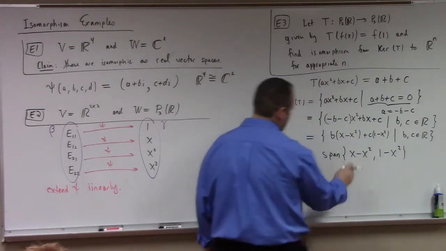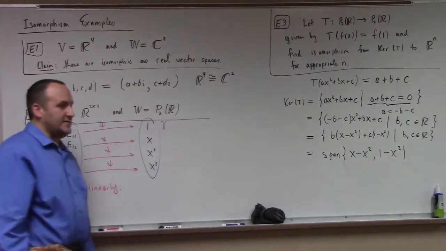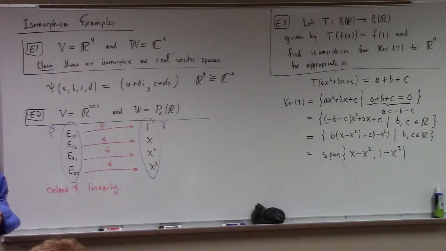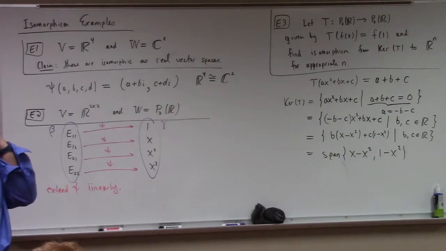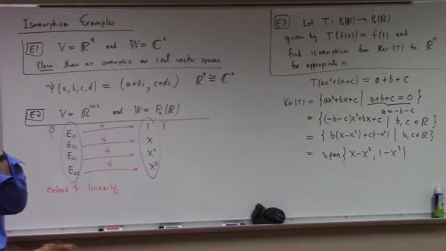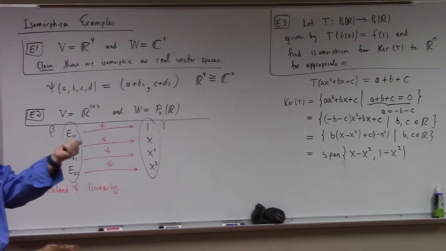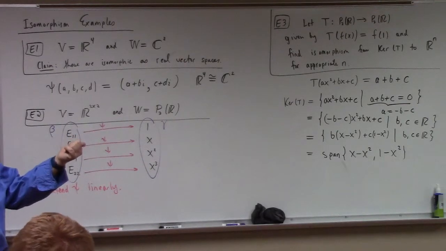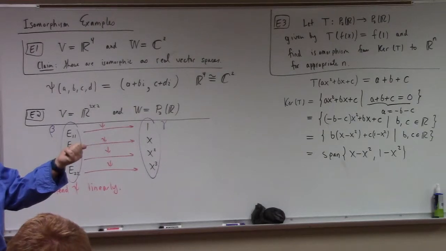My point is it's now clear to me that the basis for the kernel is x minus x squared and 1 minus x squared, yes? How do I know that's a basis? Well, they span, I just calculated that. Are they linearly independent?